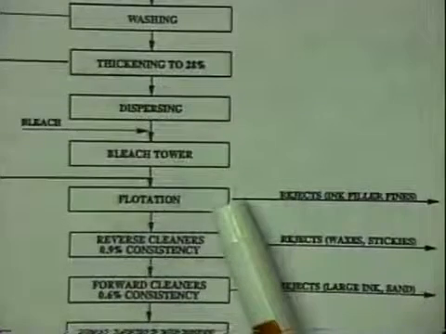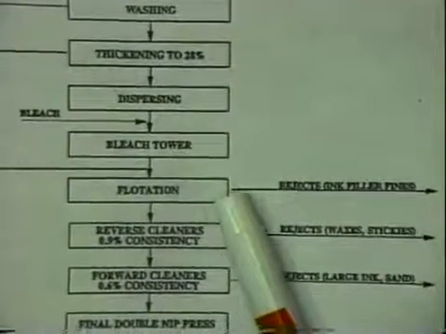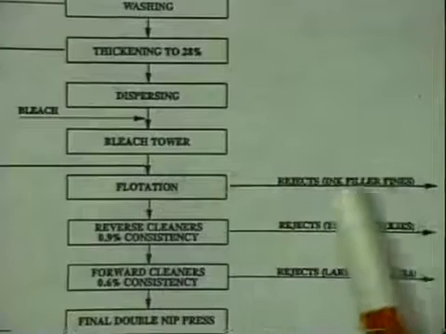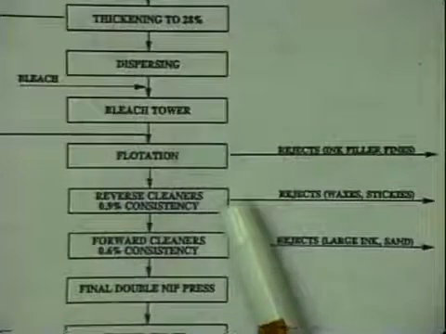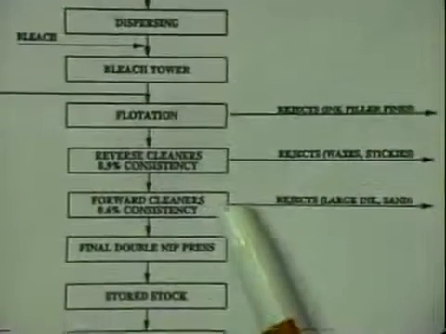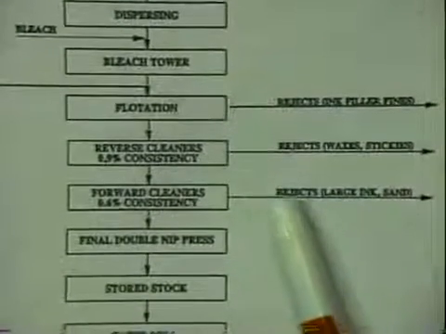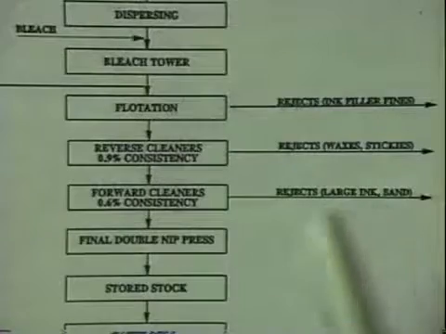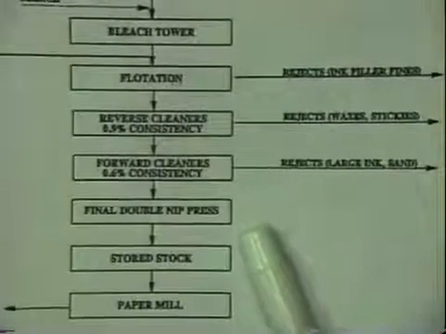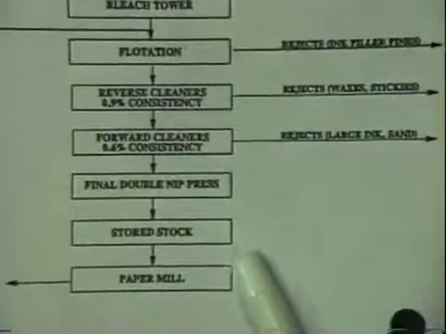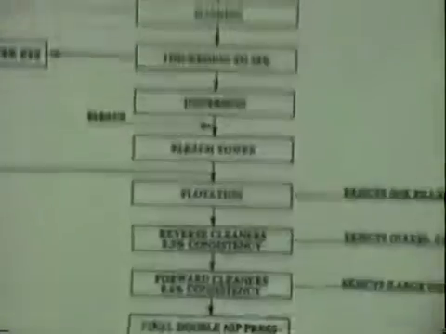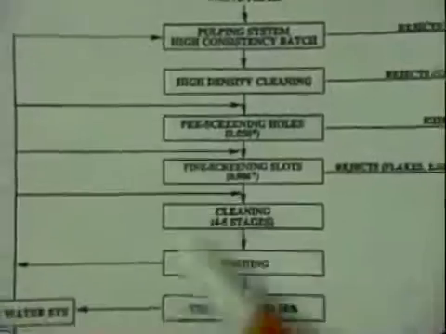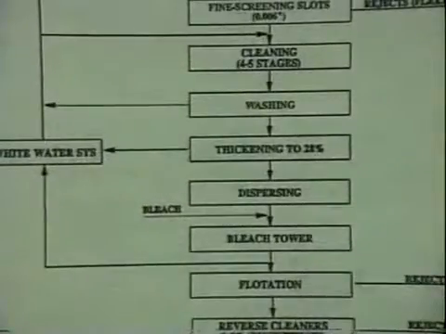At that point, we're going to do flotation to remove ink particles from our system. Then we're going to do reverse cleaners, so these are removing waxes and stickies. Forward cleaners to remove large ink and some sand. Finally, some thickening, and we'll store the stock, and then we'll send it off to the paper mill. So you can see there's a lot of different operations, and this is a simplified schematic of what's going on here.